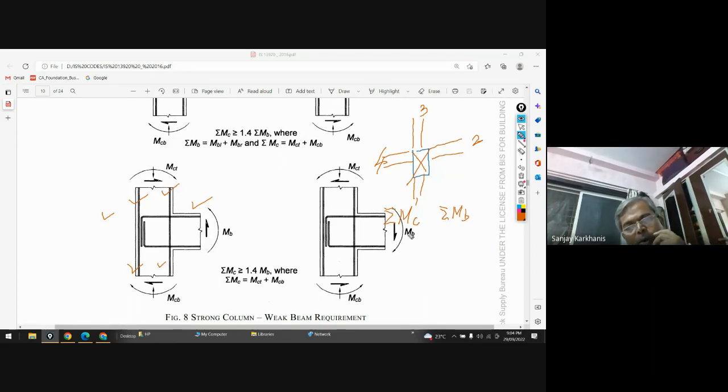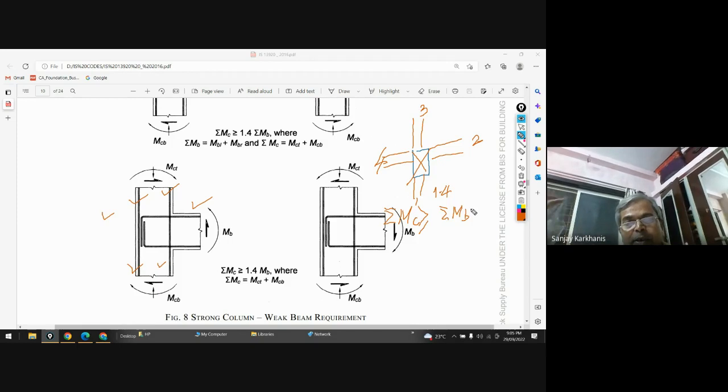So this is the moment capacity of the column, and this is the moment capacity of the beams. Now this has to be greater than or equal to 1.4 times this. That means I am having 40% more capacity of the columns than the capacity of the beams, and this way it is called a strong column and weak beam. Clear?